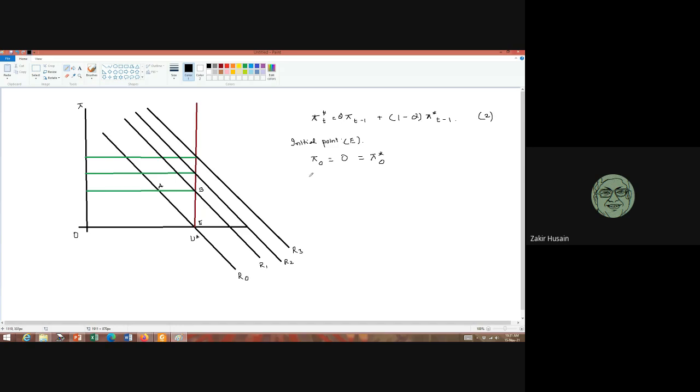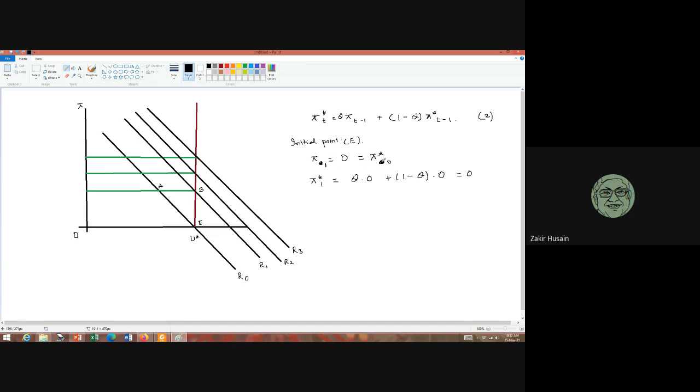Okay, so if you plug it in the equation, what will be pi star 1? Theta into 0, plus 1 minus theta, and this is equal to pi star. So this is again 0.